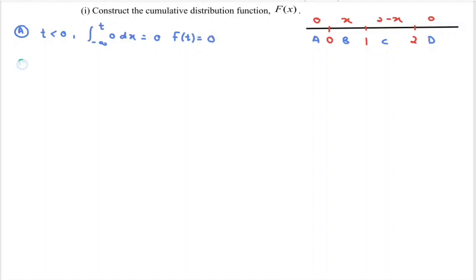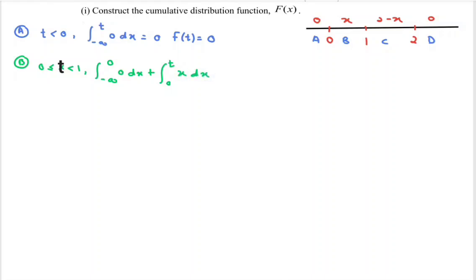Second part, we have part B. Here we have the situation x greater than or equal to 0 and less than 1. So integrate from negative infinity until 0, the function 0 dx, plus integrate from 0 until t for the function x dx.